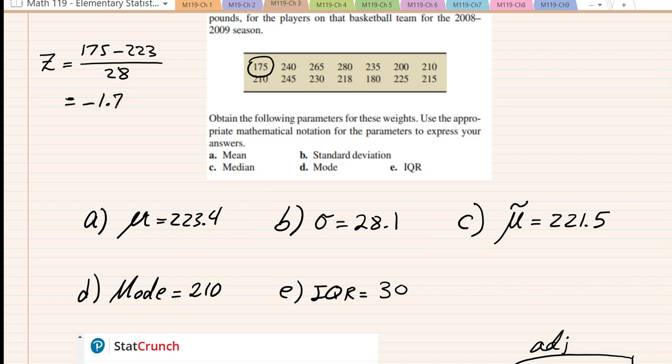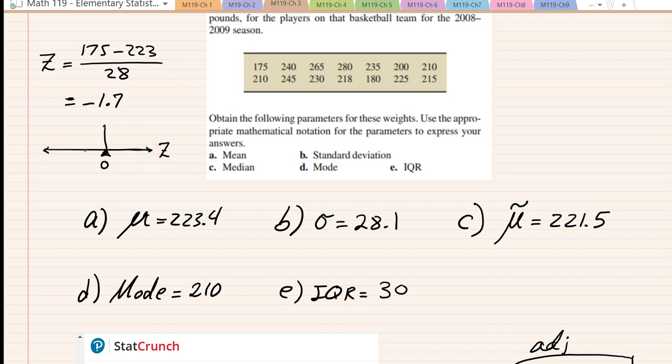So this person's weight, 175 pounds, whoever that player is, is almost 2 standard deviations below the mean. It's not in pounds. It's just how far from the center that person is. So if you look at the center of your data, the Z-score would be 0.